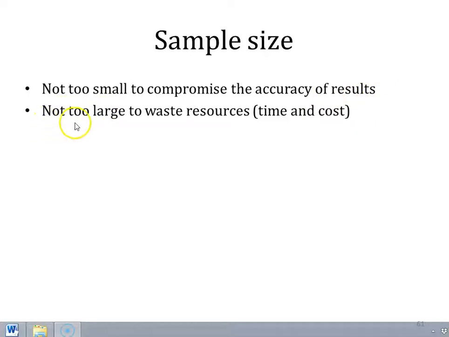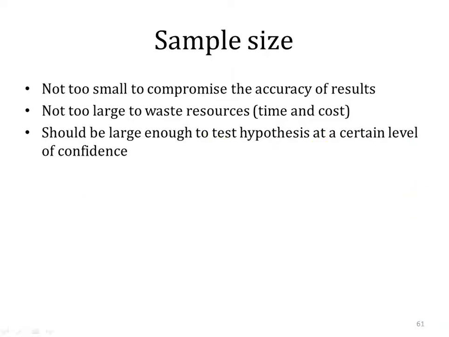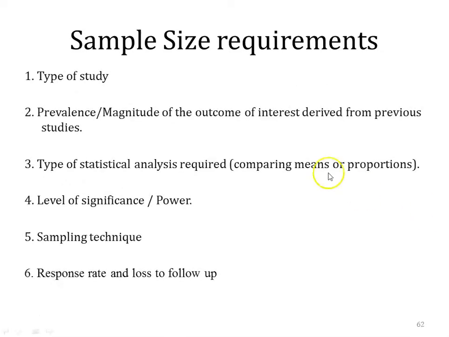And then the sample size should not be too large to waste resources, that is our time and our money. And for hypothesis testing, it should be large enough to prove a hypothesis at a certain level of confidence. Therefore, we calculate our sample size, and the calculation gives us the minimum sample size that is required.